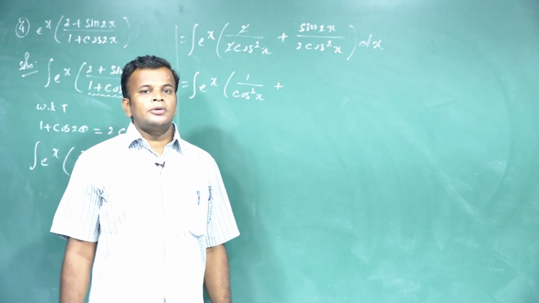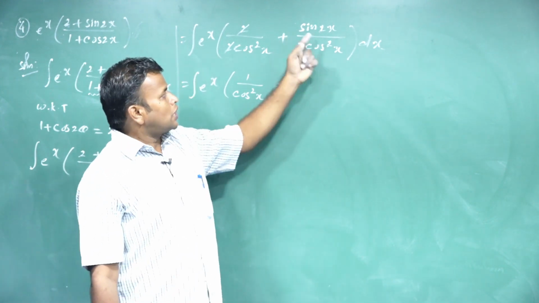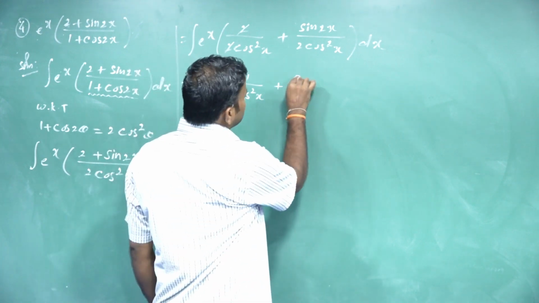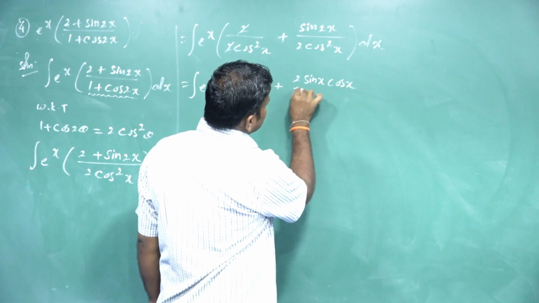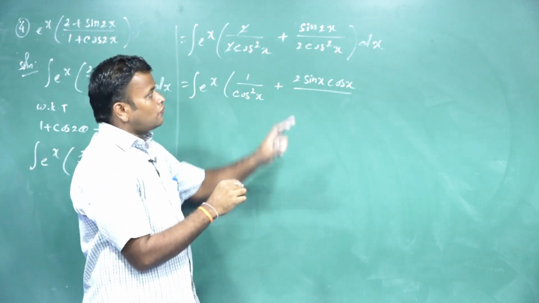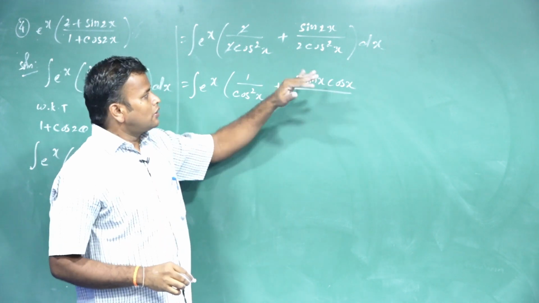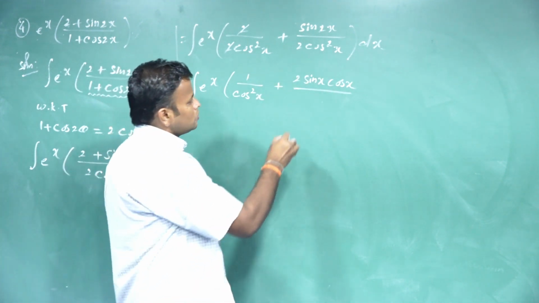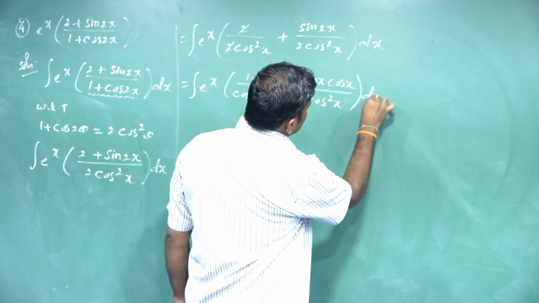In trigonometry, the formula of sin 2 theta is 2 sin theta cos theta. So the sin 2x formula is 2 sin x cos x. You remember the formula? The formula of sin 2x is 2 sin x cos x, divided by the denominator, which is the same, 2 cos square x into dx.